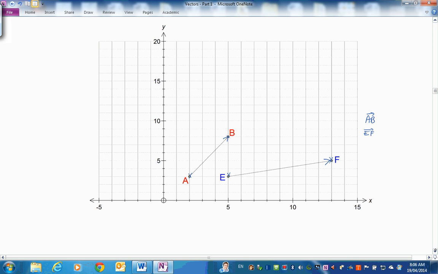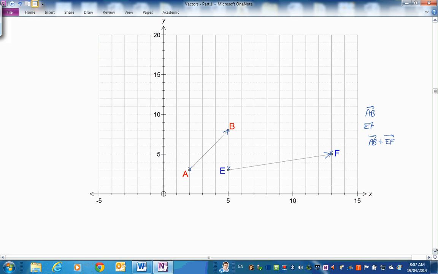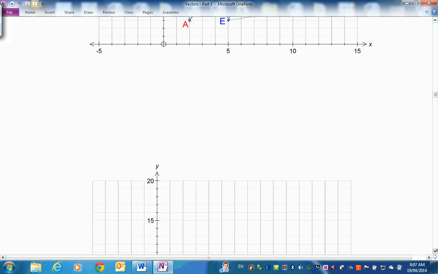Well, the question here is, can we add those displacements? Is there such a thing as AB plus EF? We're doing operations with vectors now. Can you actually do that? What would that mean? Think about displacements and see if you agree with this diagram.